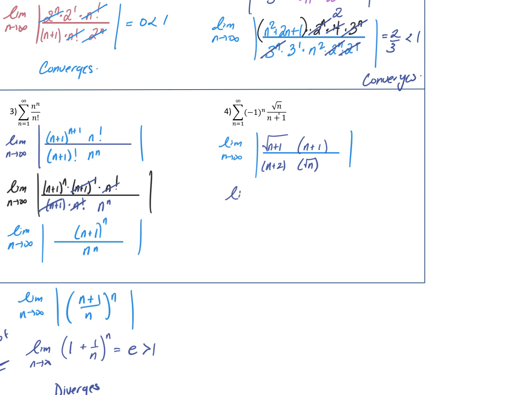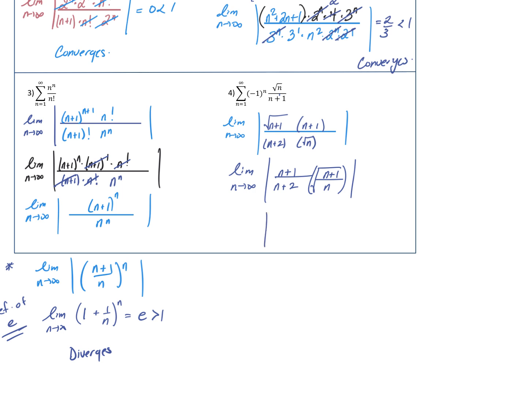So we're going to get the limit as n goes to infinity. So I have n plus 1 over n plus 2. And then this I could write as, same as before. So we're going to get n plus 1 over n raised to the 1/2. Or we can leave it as a square root.